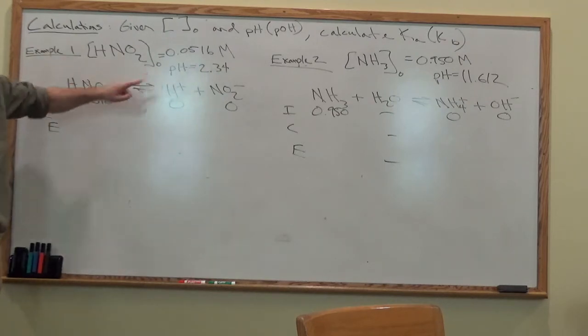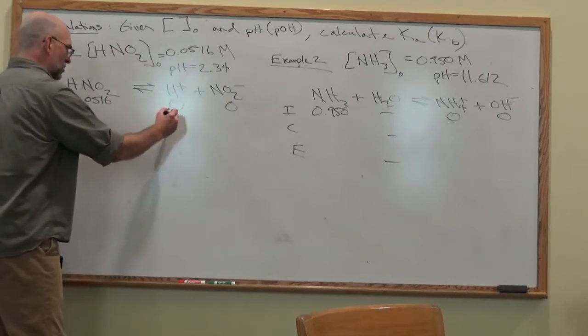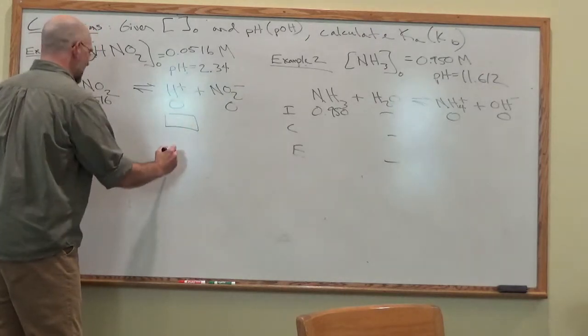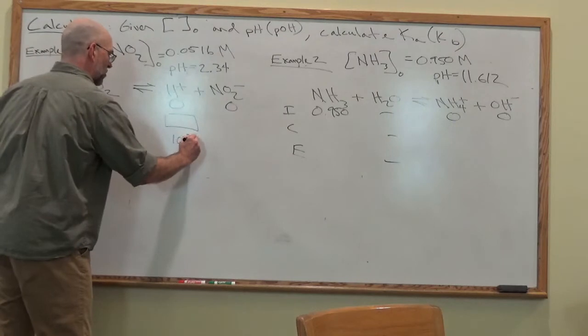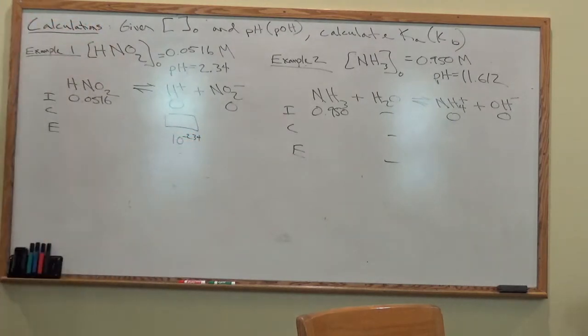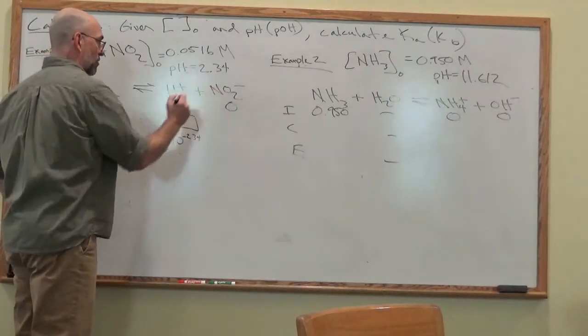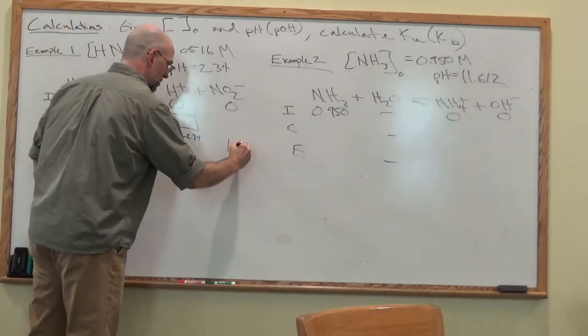Well, if you know the pH is 2.34, we know that the equilibrium concentration is 10 to the minus 2.34. We know that. Every time we form an H plus, we form an NO2 minus. It's a 1-to-1 ratio.